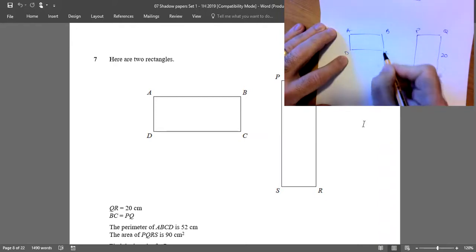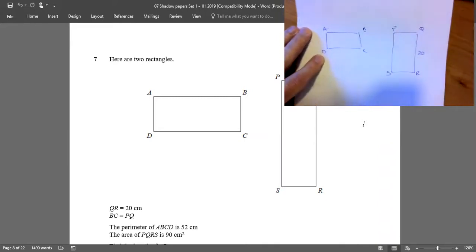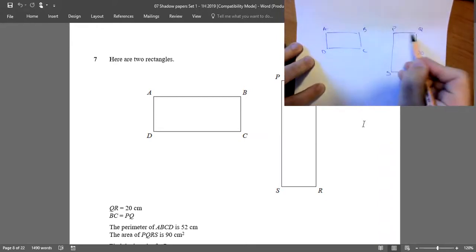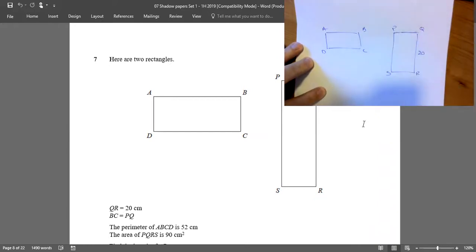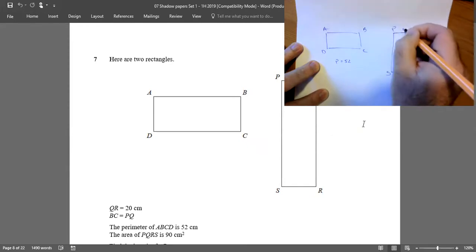BC, this length here, is equal to this length here. It says the perimeter of this is 52 and the area of this is 90. So 90 divided by my 20 gives me PQ to be 4.5.